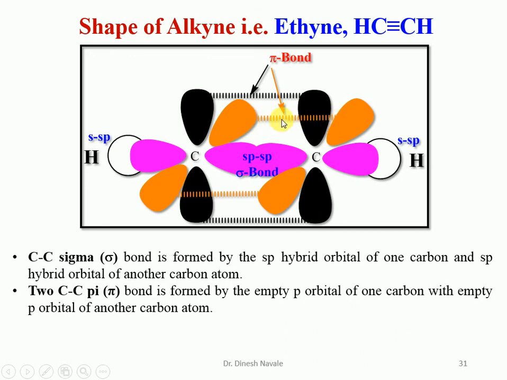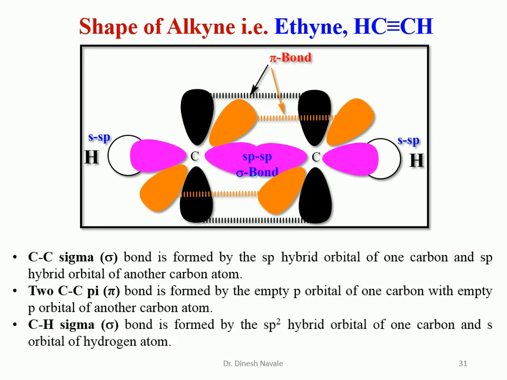Another pi bond is formed by the unhybridized 2py orbital of one carbon atom with the unhybridized 2py orbital of the other carbon atom, as shown by the black lobes. In the pi bond, there is overlapping above the plane as well as below the plane. So this is how pi bonds are formed.